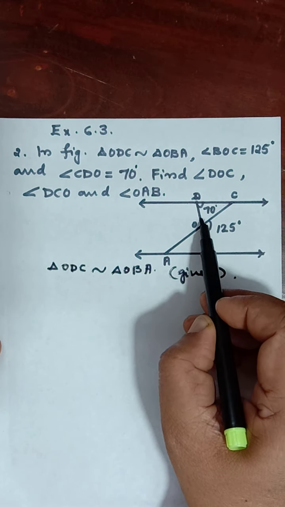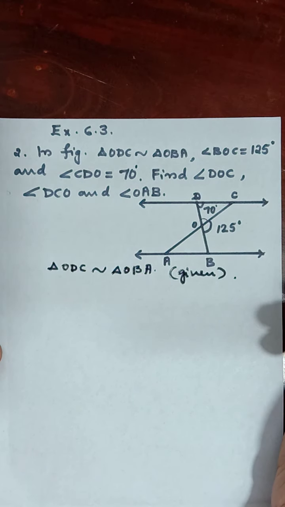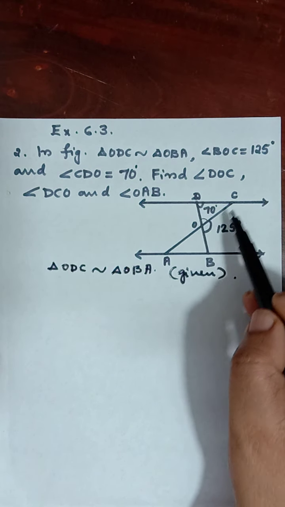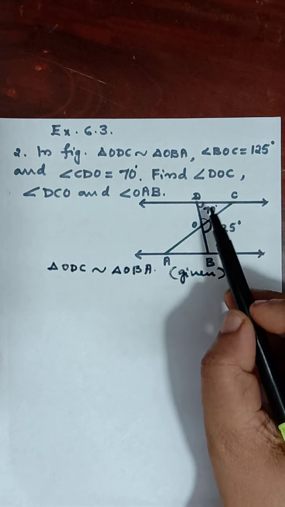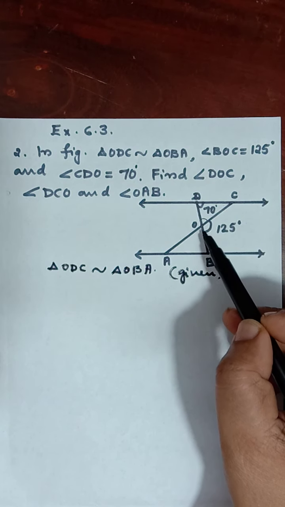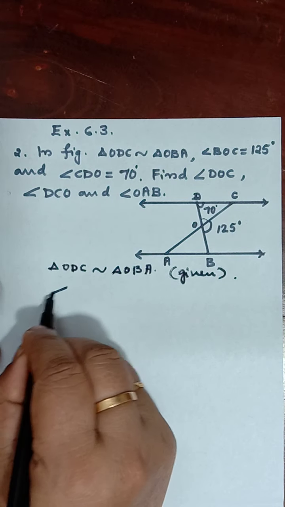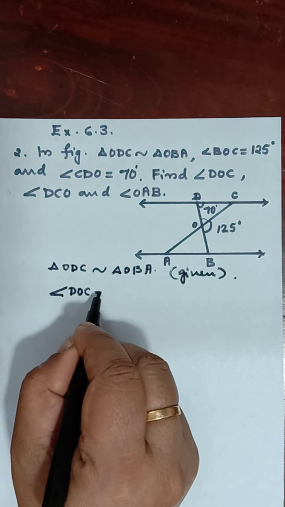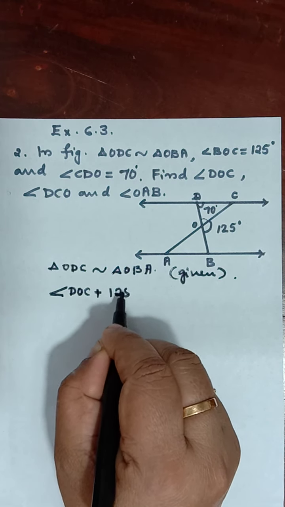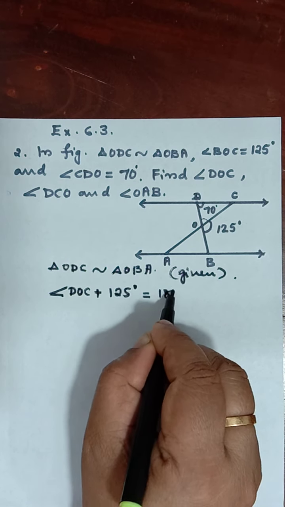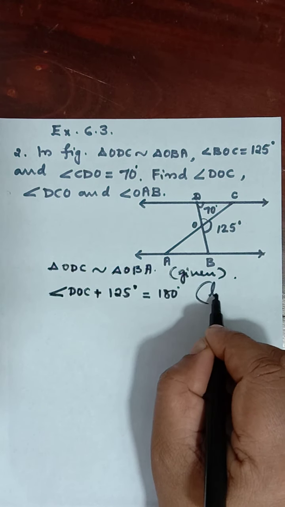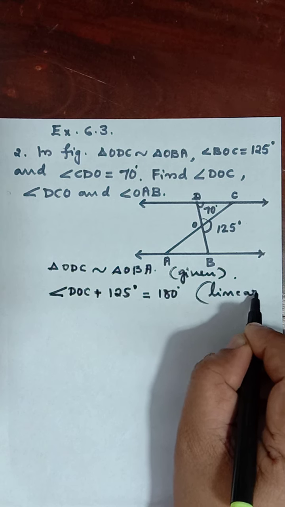So it is simple. We can find it out from the linear pair. So here angle DOC plus this 125 will be equal to 180. That we know. Angle DOC plus 125 degrees is equal to 180. The reason here is linear pair.